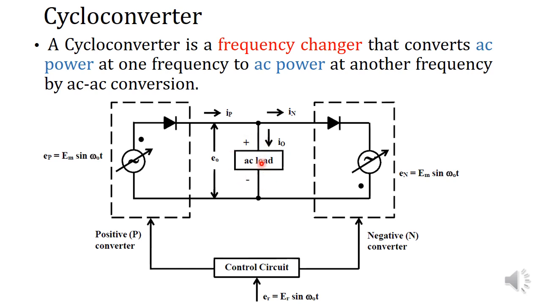In our course on electric drives, we will be discussing the application of cycloconverters in electric drives. That means this AC load will be an AC motor. It may be a single phase induction motor, a three phase induction motor, or a synchronous motor, and there will be a control unit which will be controlling both the converters. This is the basic block diagram.